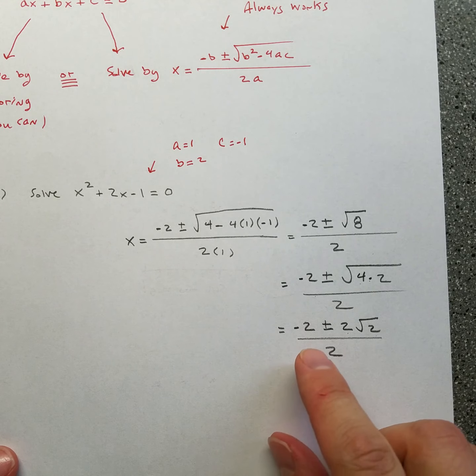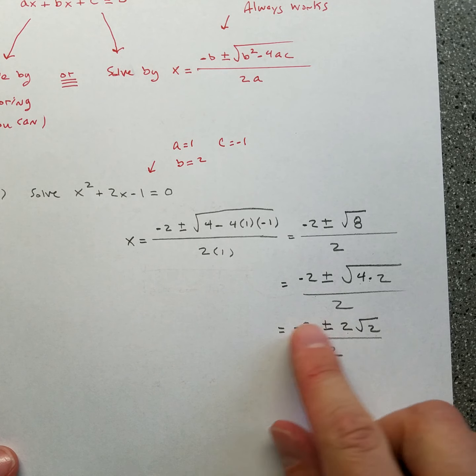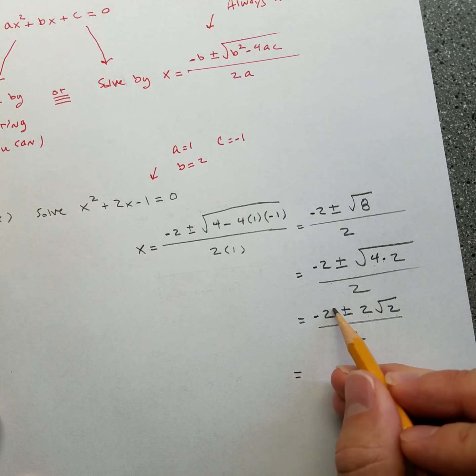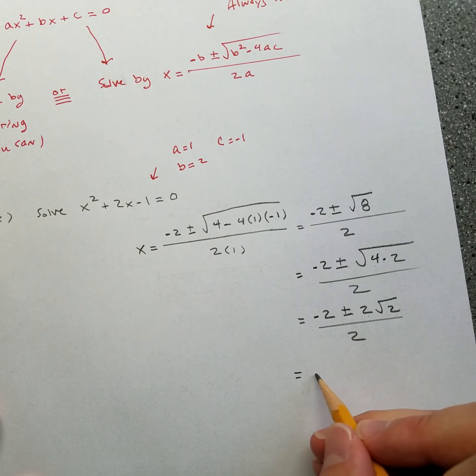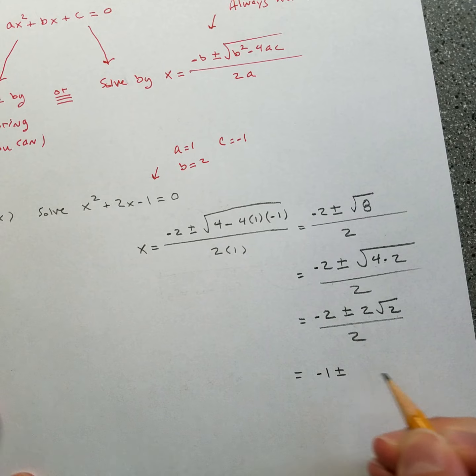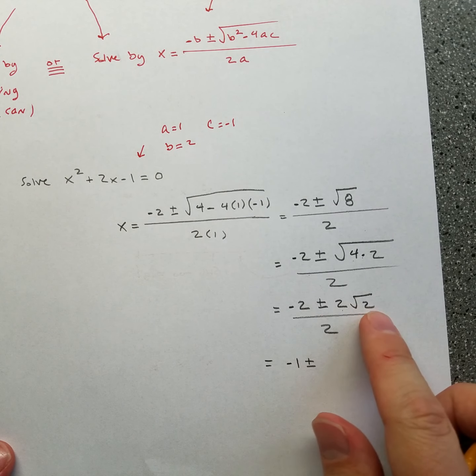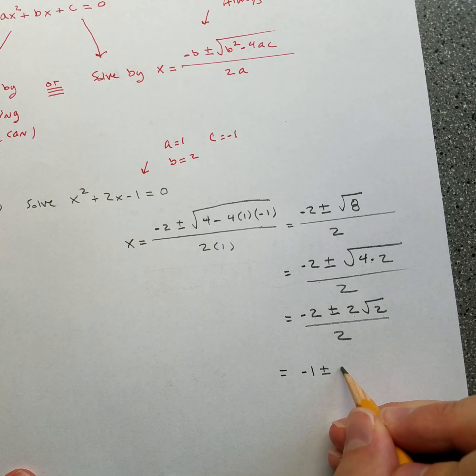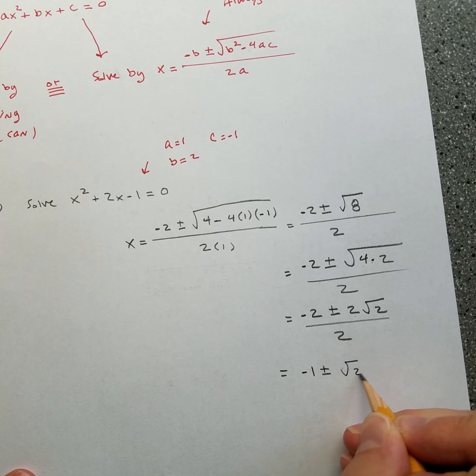And then both terms up there get divided by that number. Negative 2 divided by 2 is negative 1. And what's 2 root 2 divided by 2? Well, again, I get some canceling, and I get root 2. Okay?